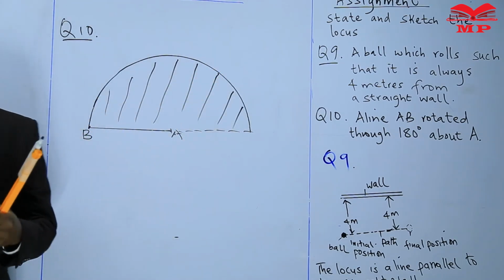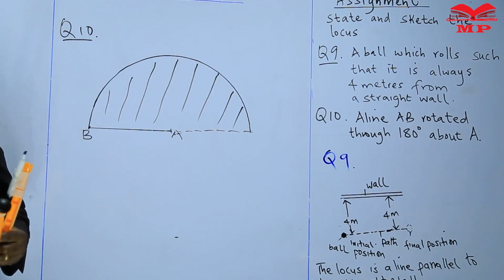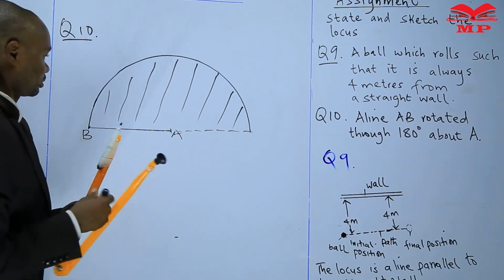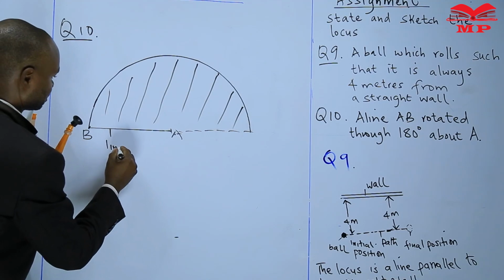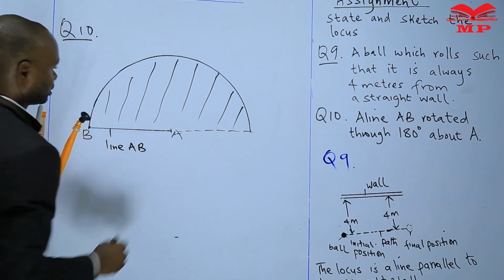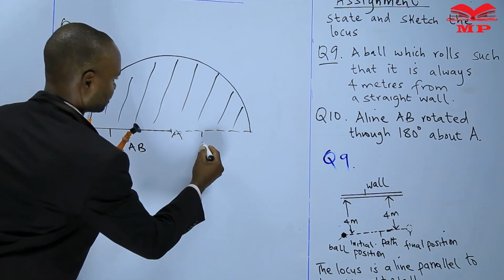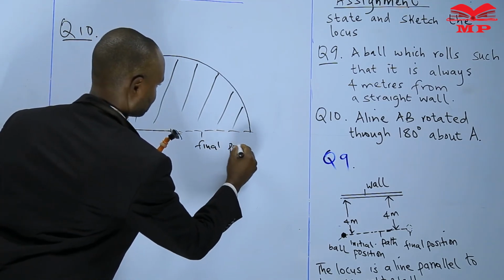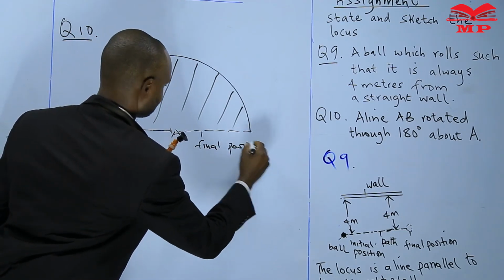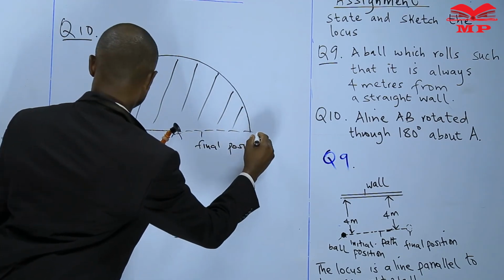So you can say that is line AB, this is the final position. A remains, and this can be B prime.